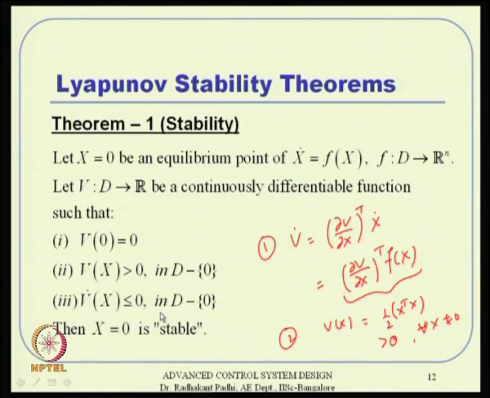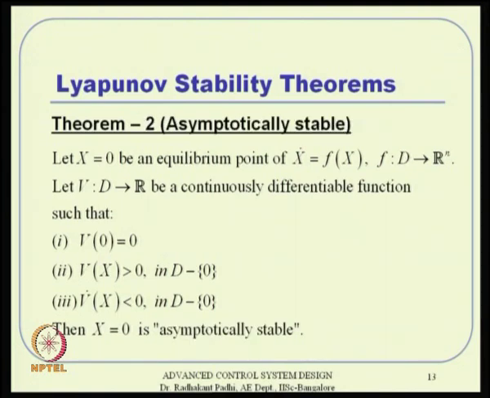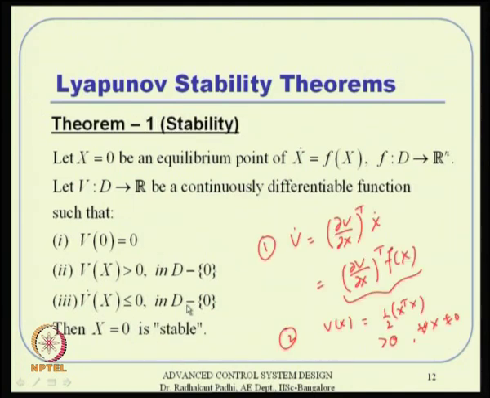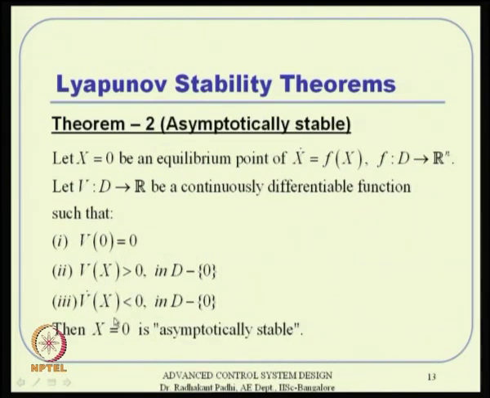Now, what about a little more than that? We are mostly interested in asymptotic stability anyway, and that is theorem 2. Carefully observe theorem 2: this gives you asymptotically stable, that is the condition. Everything else remains intact, but the condition that changes here is only this one. The less than or equal to 0 becomes strictly less than 0.